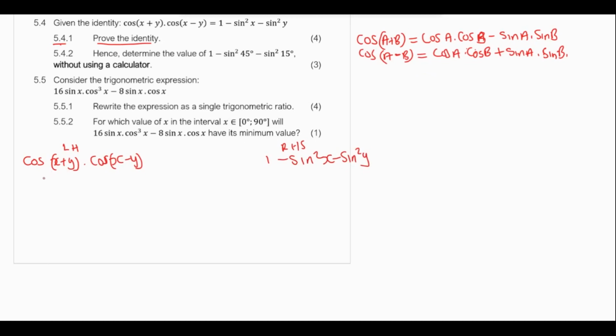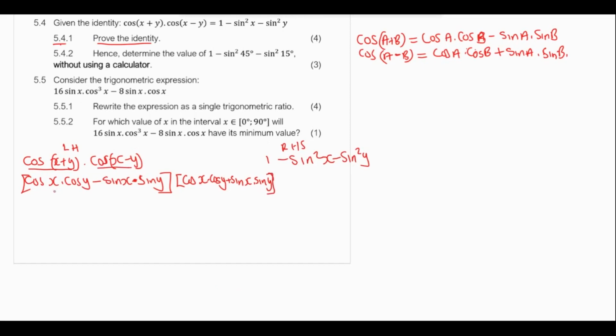Using our compound angle formula, this is cos x times cos y minus sin x times sin y. This is the first one. Then the second one is cos x times cos y plus sin x times sin y. This is the second one.